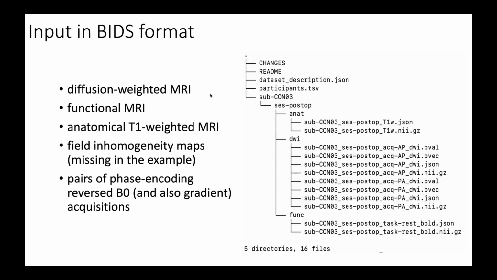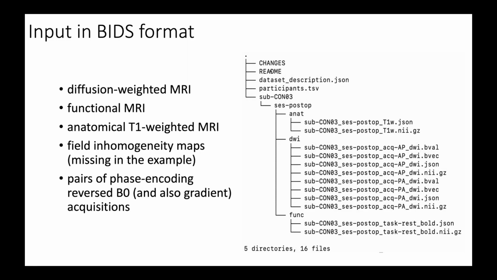As we can see with this folder tree here, this is a typical BIDS folder schema. We have the metadata files like dataset description JSON, the participants TSV, a README, and a changes file, and then we have this typical folder schema with BIDS subject as key value pairs, basically.